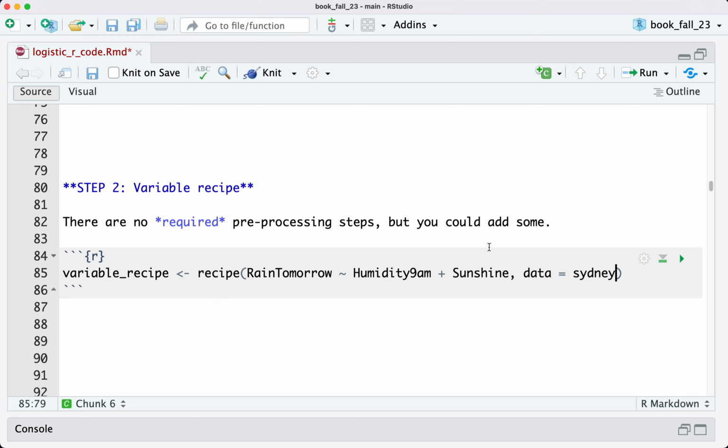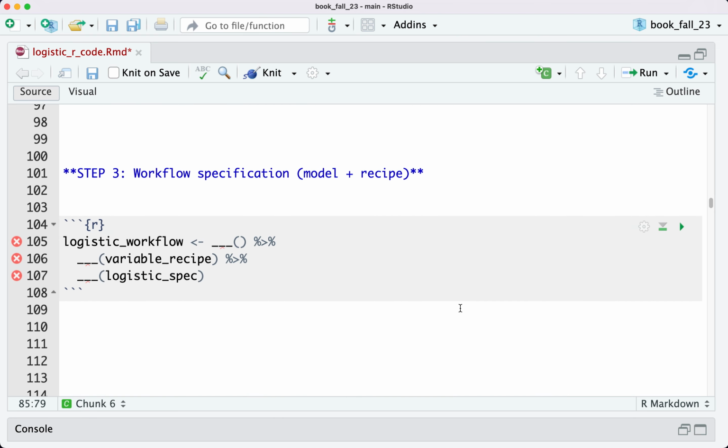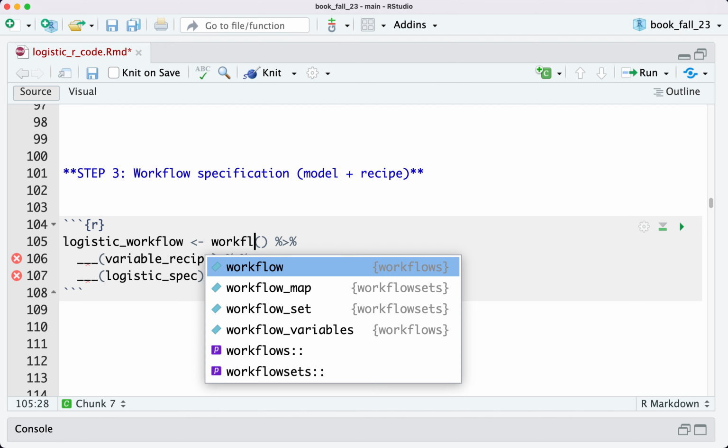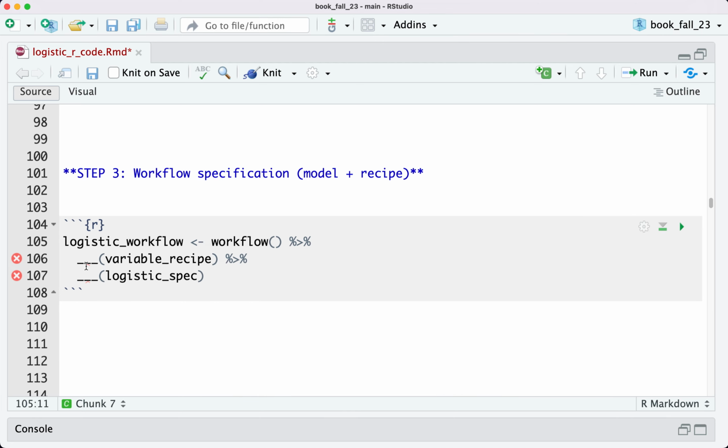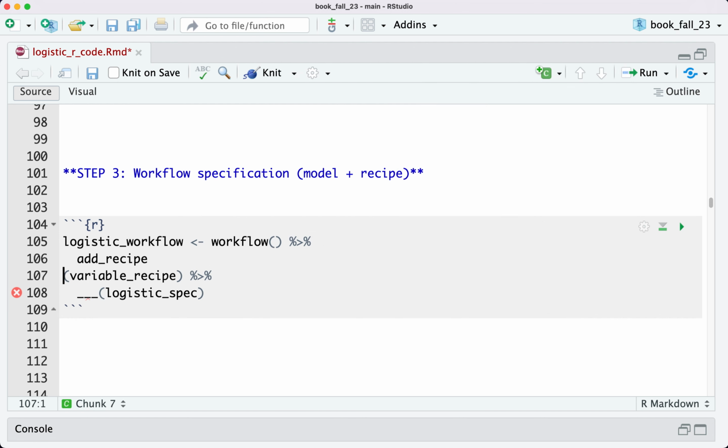So in step 3, our workflow is where we combine the information about our model or algorithm, as well as the information about our variables in the variable recipe. So to build this logistic workflow, we use the workflow function. And to this workflow, we add our variable recipe.